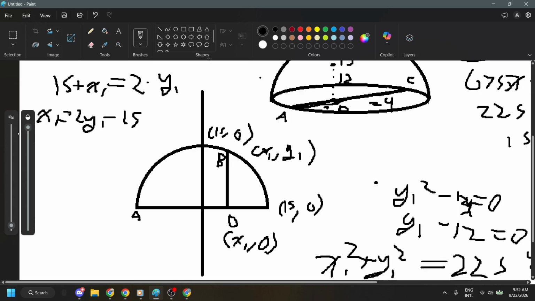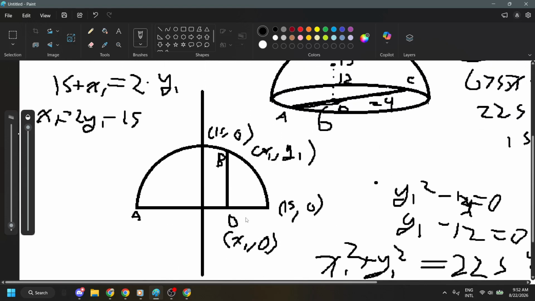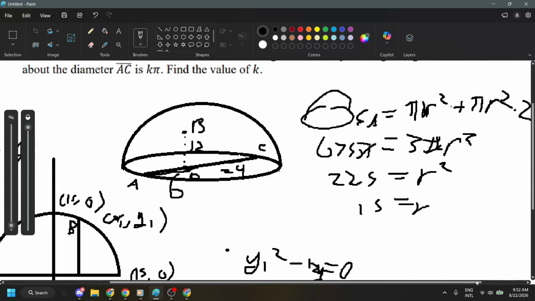And then this is 6. Right? Yes. Okay, so now we have all the measures of these things.